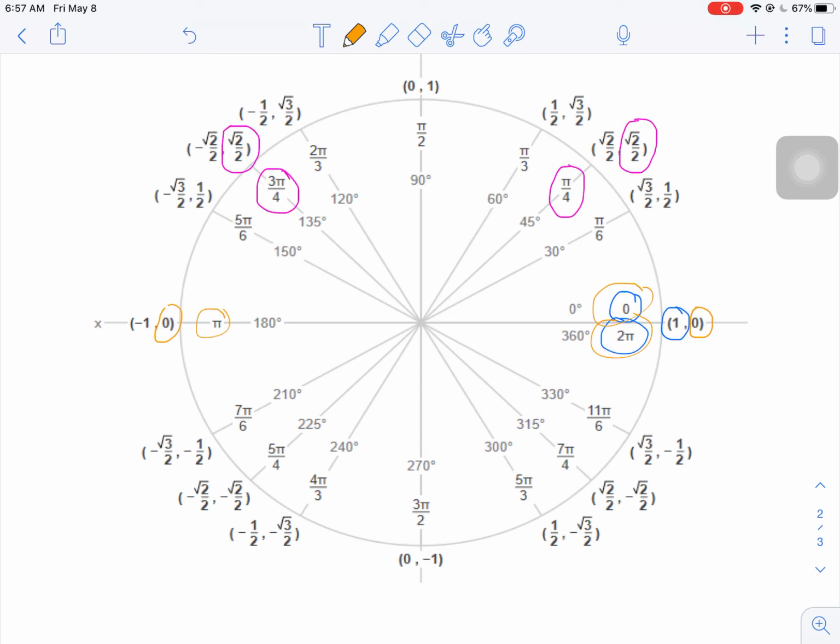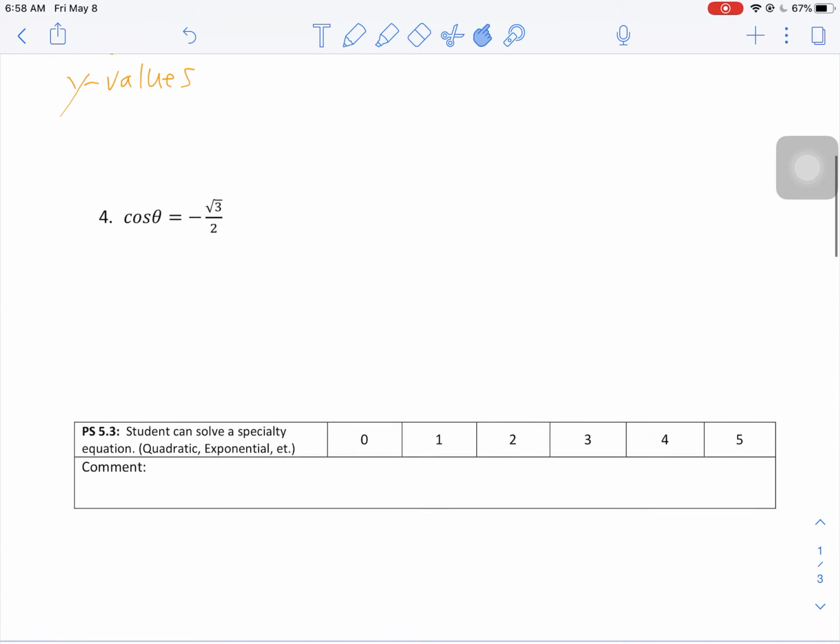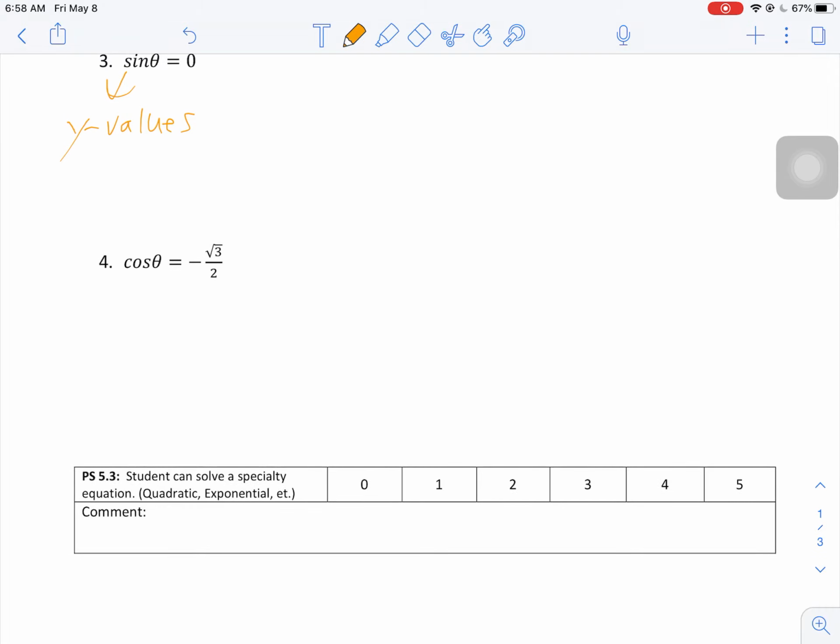So pi. And then I don't think it happens anywhere else for a y value of 0. You can quickly glance around the unit circle and make sure, but those should be the only spots. So 0, pi, and 2 pi. So theta equals 0 or pi or 2 pi. Those are all the radian measurements where the sine is 0.